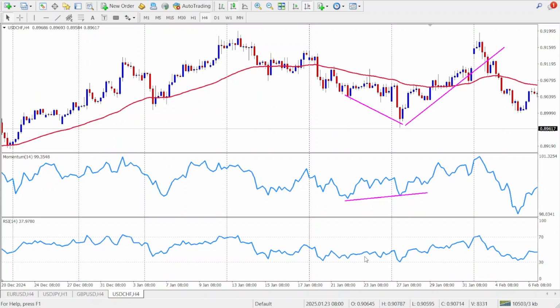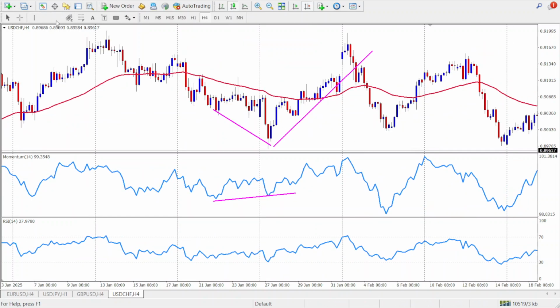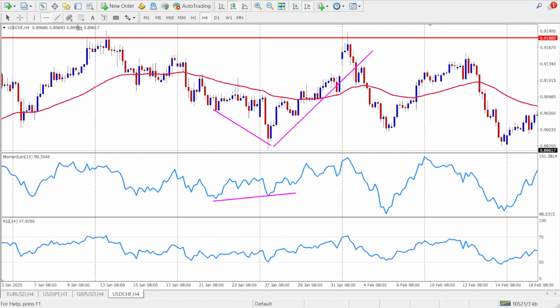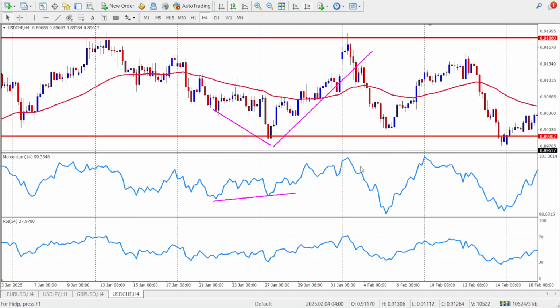For example, when both the RSI and momentum indicator show overbought or oversold conditions, it increases the chance of a reversal. And then always pay attention to your support and resistance zones. They are very, very important. If momentum spikes near key support or resistance levels, it can signal a strong breakout or rejection.